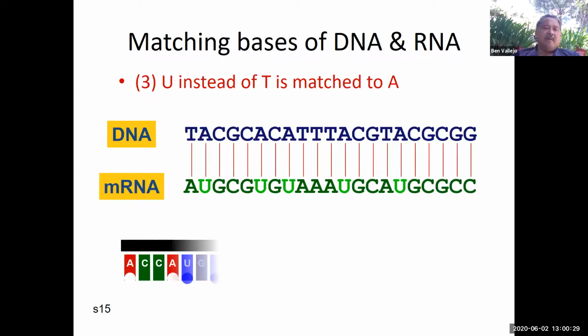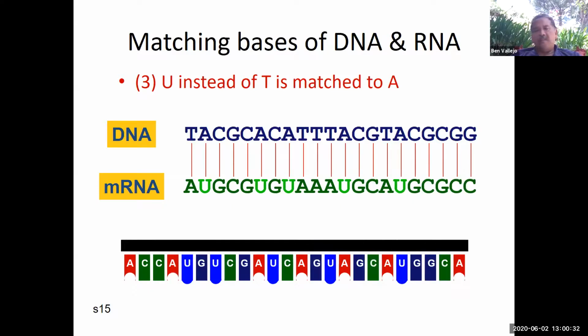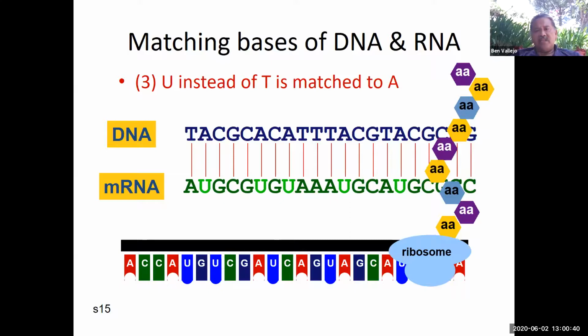Well, after the mRNA goes out to the cytoplasm, the ribosome is going to read it, and the ribosome puts in the correct place the amino acid, which again, a protein is a long sequence of amino acids. And those amino acids, put in the right order and in the right composition, will result in the proper protein.